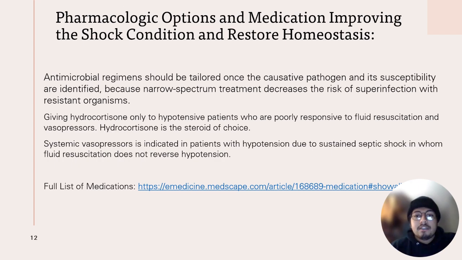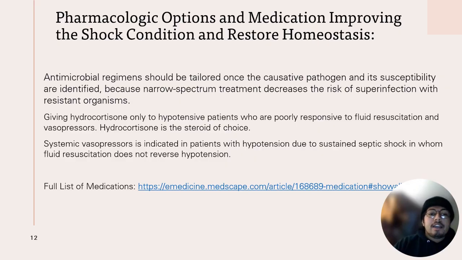Pharmacologic options and medications that can improve the condition and restore homeostasis. These will be your antimicrobial regimens. Again, these are targeted directly towards the viral or bacterial infections to decrease the risk of superinfections with resistant organisms. That's the last thing we want to happen.